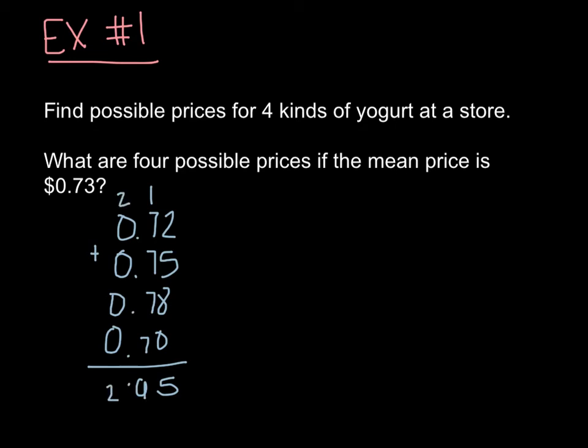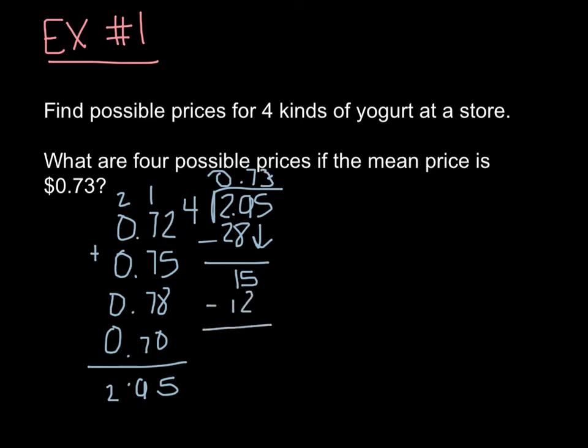So we got $2.95 divided by 4. Bring that decimal up. Now 4 can't go into 3, so we would add a 0.